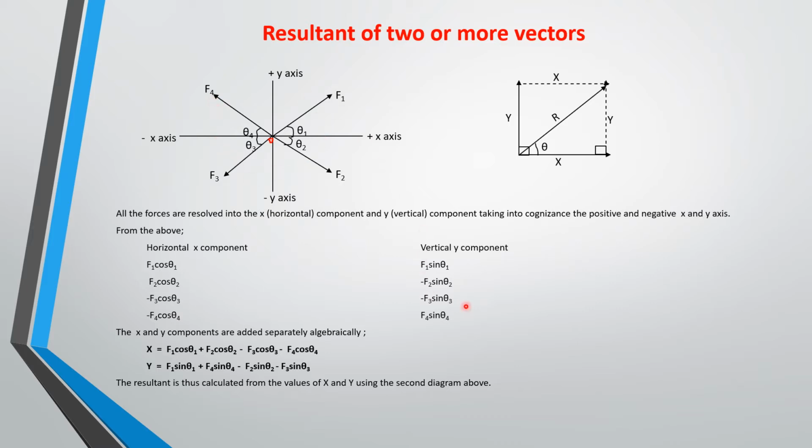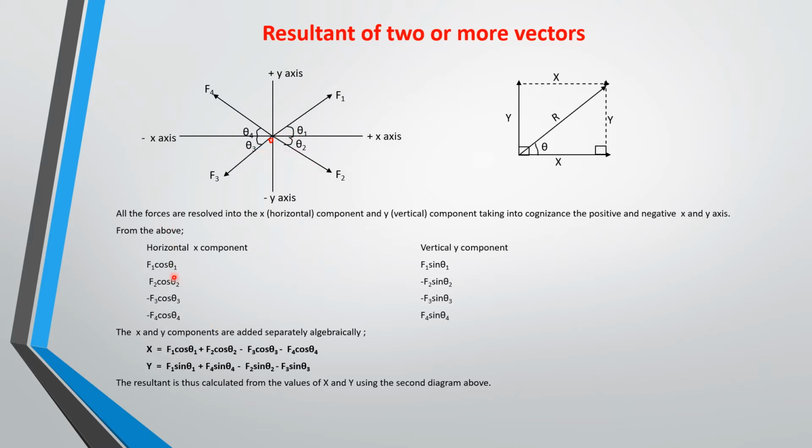The vertical components are: F1 sin theta, F2 sin theta, minus F3 sin theta, and minus F4 sin theta.